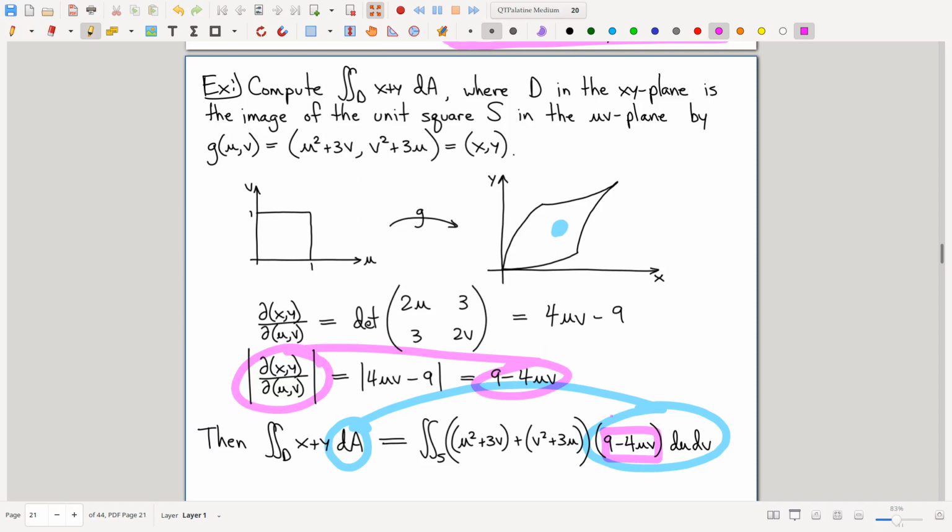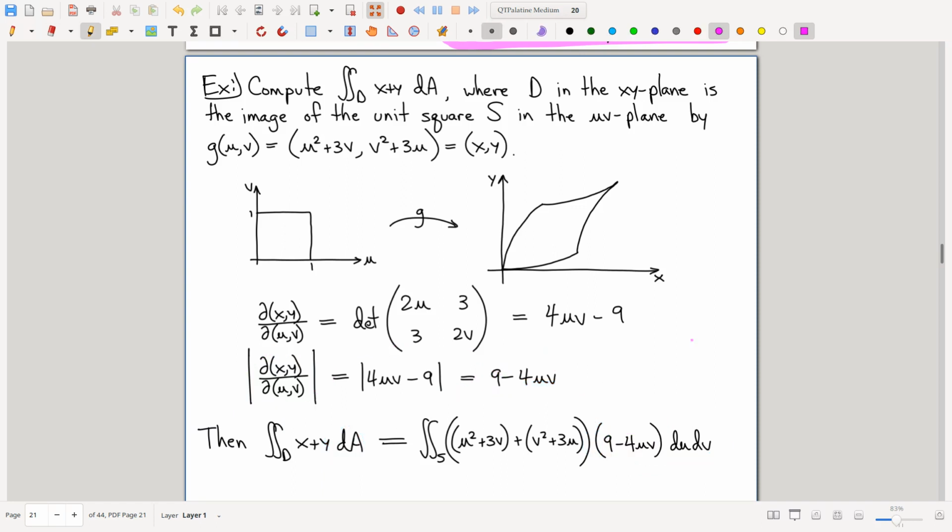Now the only thing remaining is the question of how do I figure out what is x plus y, right? I mean, this expression right here, x plus y, how do I rewrite all of that in terms of u's and v's? And again, reminder, don't forget, we have an explicit formula for x. Being as it is the second output coordinate, its formula is the second output formula in the change of variables function.